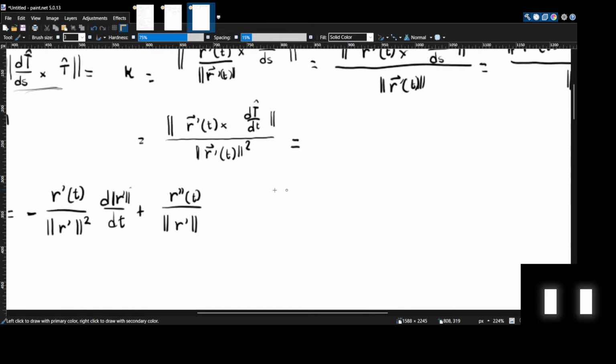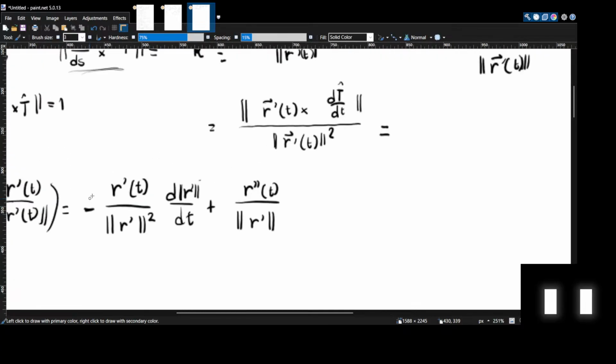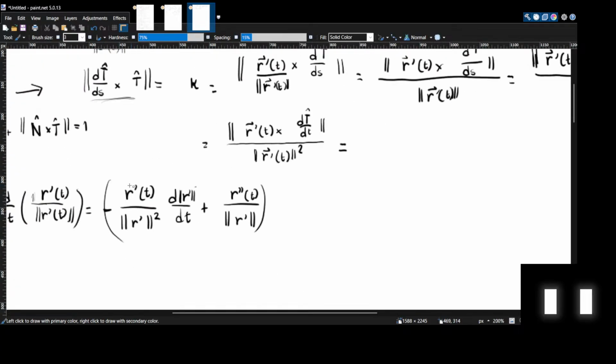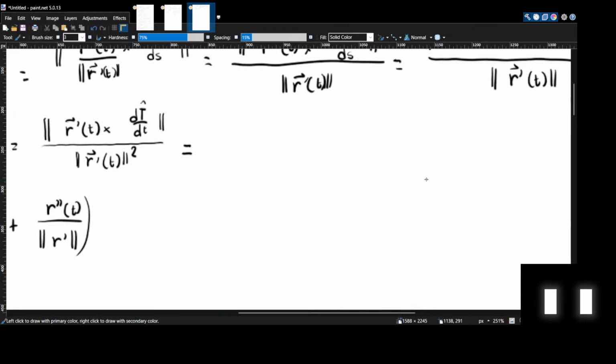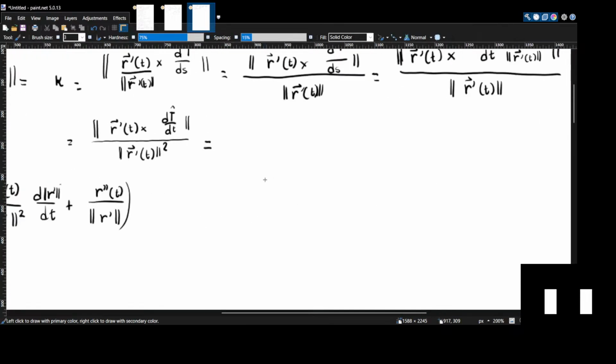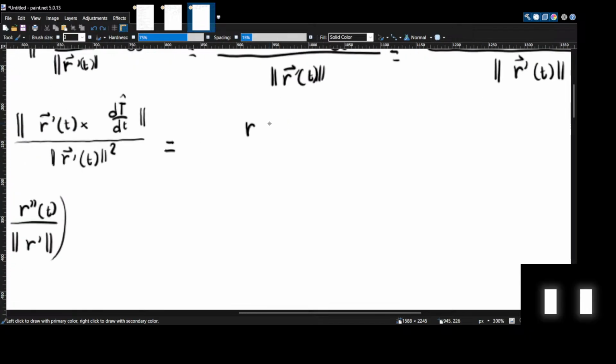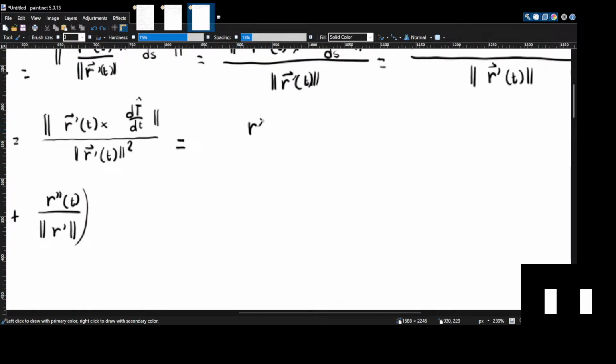So we're going to end up with this big vector. Fortunately, the first term disappears. Why does it disappear? Because it's a cross product. I'm going to stop writing the vector and the t, because I'm getting a little lazy.